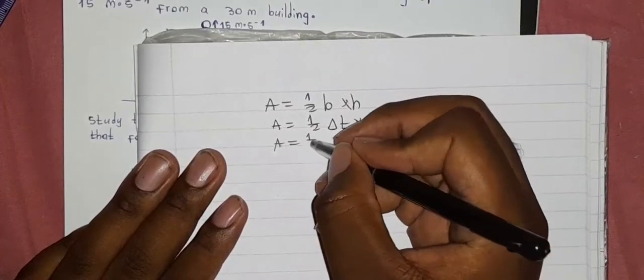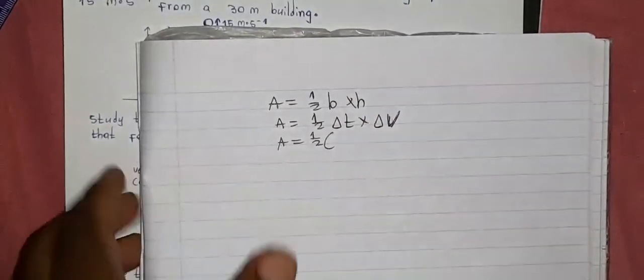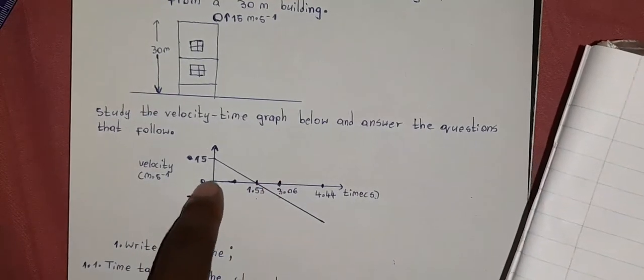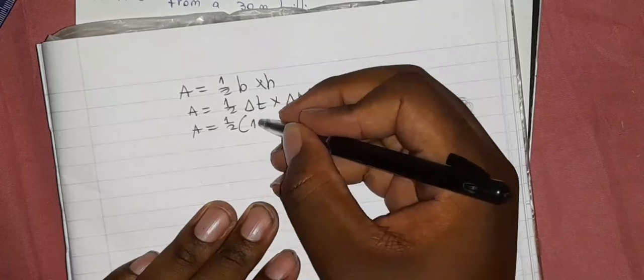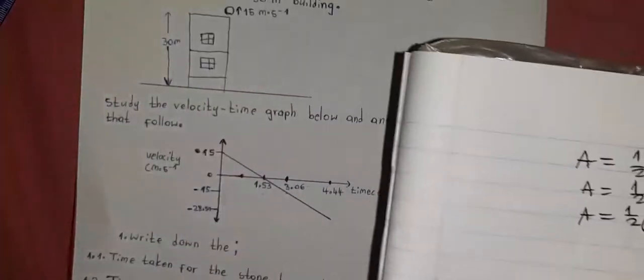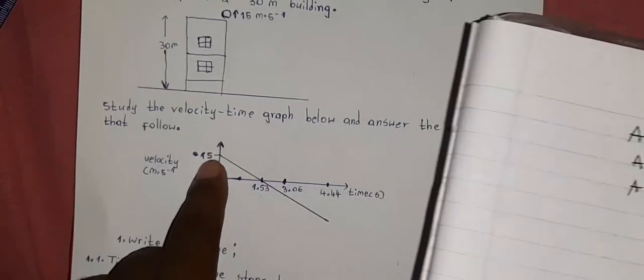It is equal to half times the change in time. So it's 1.53 seconds. It's from here to here. So it's 1.53 times the change in velocity, which is 15. It's from 0 to 15.